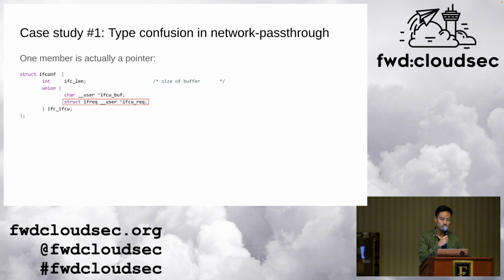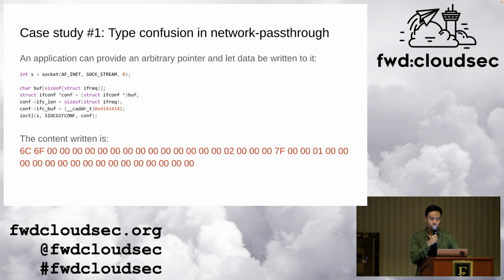So there's a small difference between these two structs, as defined in the Linux source code. The ifconf struct is a struct that has a length and a pointer to an ifreq struct in a union. And due to this confusion, an application can provide an arbitrary ifreq pointer and lets data be written to it.